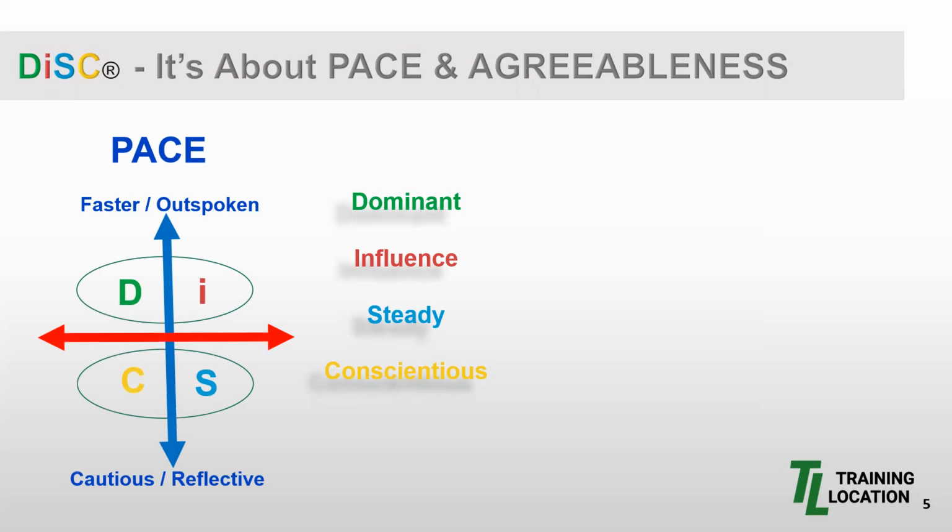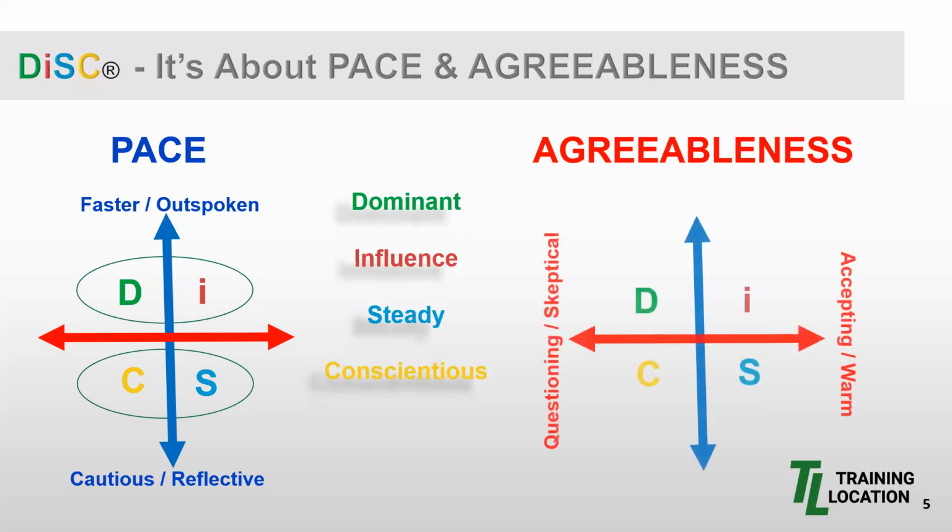So if we use the S as the example style here, we see that the S and C share some of the same language by nature of their similar pace. In other words, if they have a similar pace, they're more likely to be able to understand one another sooner and easier than if they have a dissimilar pace. Putting that another way, they each know a little about the language of the other with whom they're interacting. Same would be true between the D and the I above.